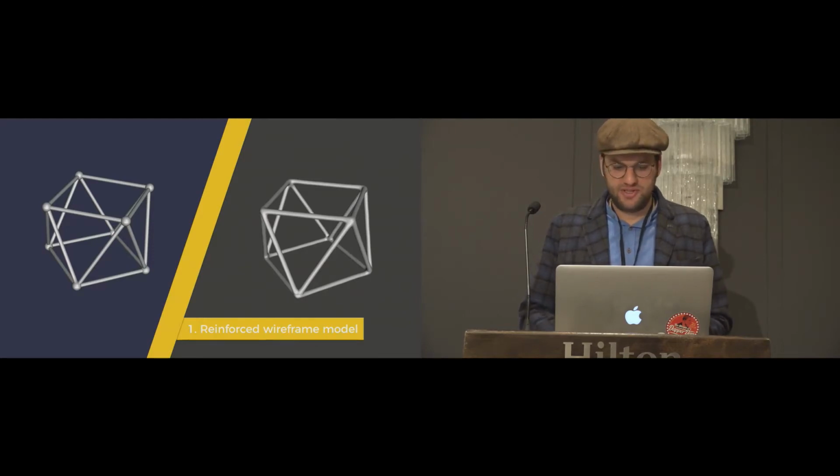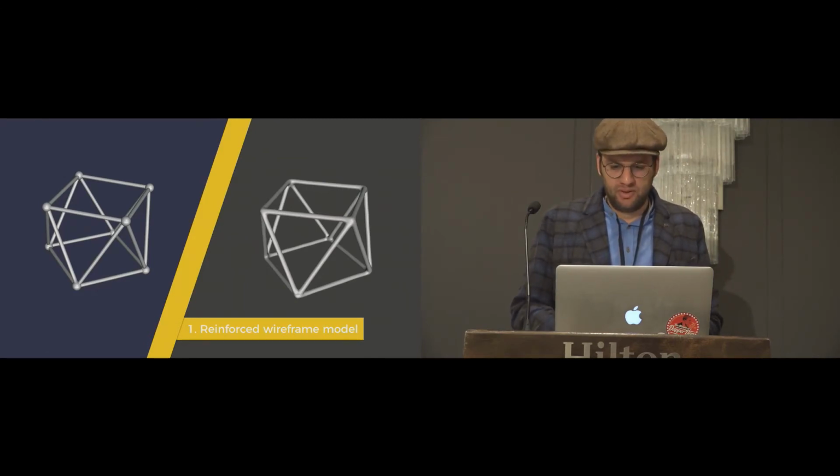The first option is to export it as a reinforced wireframe model. The positions of all struts are rendered as cylinders and then combined in a smoothing operation. This will result in a 3D model that can be exported as an STL file, whereafter you can 3D print it.